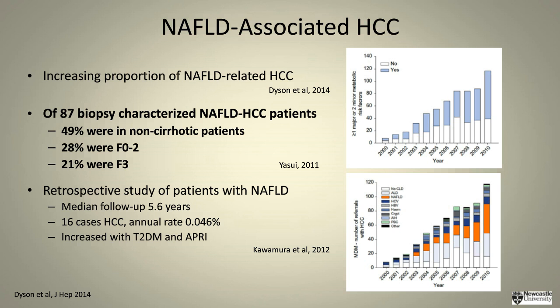And across the horizontal axis is year 2000 to 2010, and the vertical axis is number of referrals with liver cancer. And what you see is early on, prior to 2003, there were no referrals for liver cancer where the patient had fatty liver. But by 2010, the majority of referrals are actually patients with fatty liver.